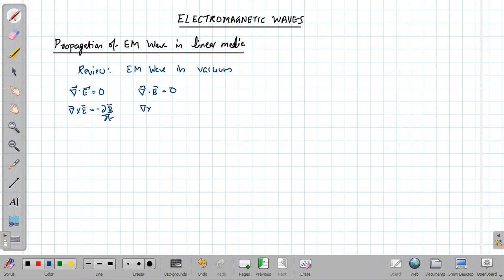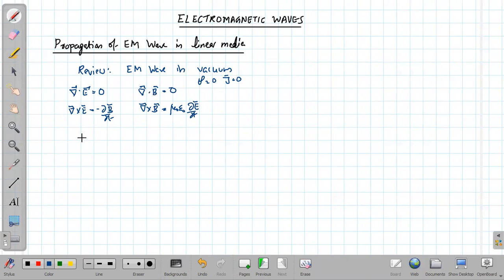And del cross B is mu 0 epsilon 0 dE by dt. So in case of vacuum, rho is 0 and J is 0. These are the Maxwell's equations for the electric field and magnetic field in vacuum.